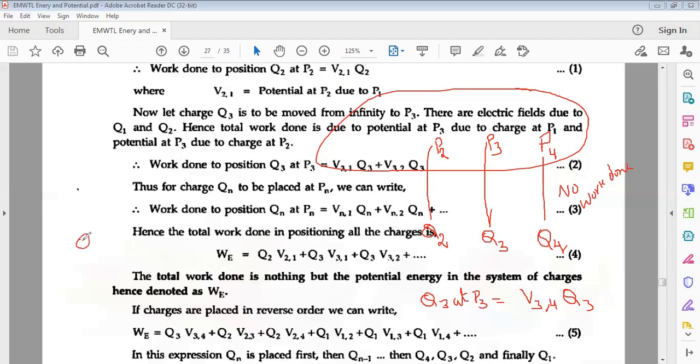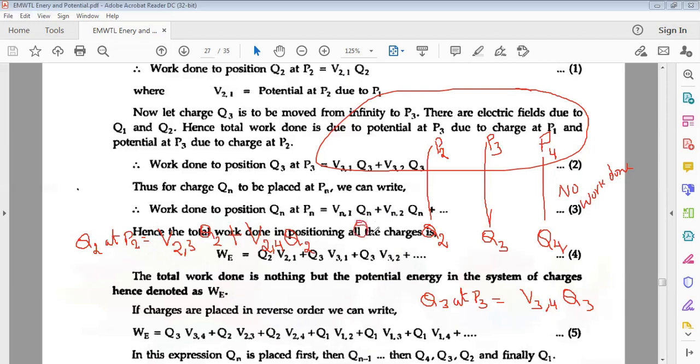What is the equation we get? The work done in placing Q2 at the position P2 is equal to V23 plus V24, when the charge Q2 is kept at the position P2. So this is another equation.